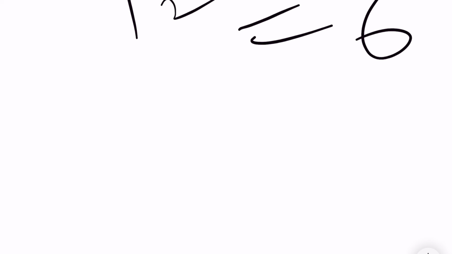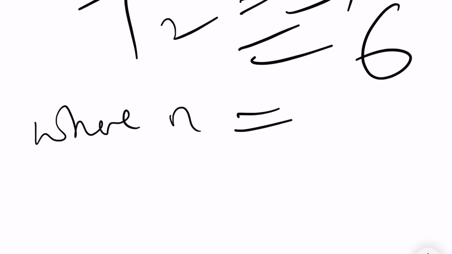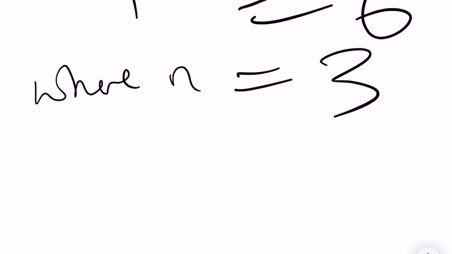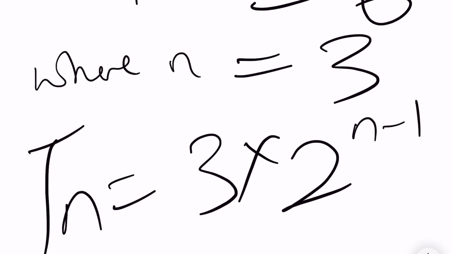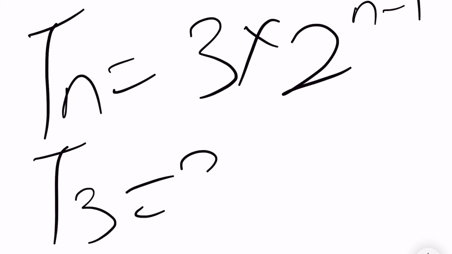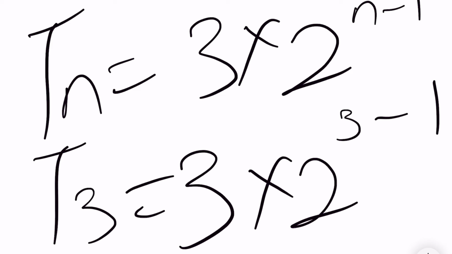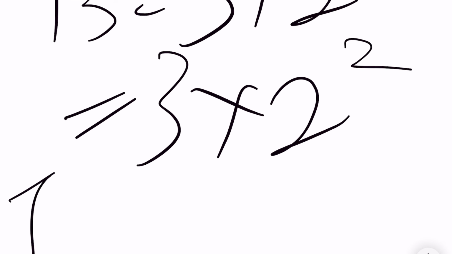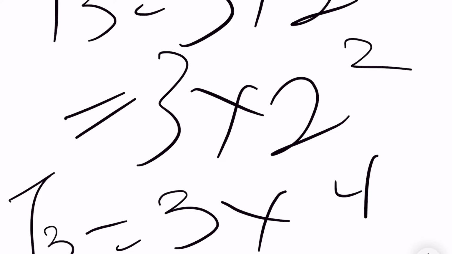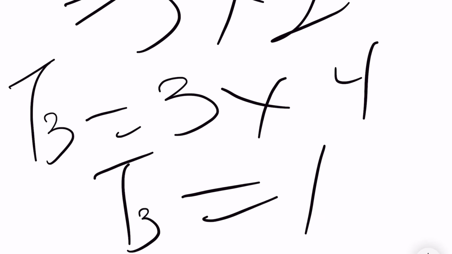Now for the third term, where n is 3, we have 3 times 2 raised to 3 minus 1, which is 3 times 2 raised to power 2. 3 times 4 gives T3 to be 12. So the first three terms are 3, 6, and 12.